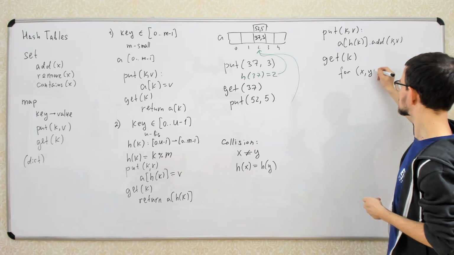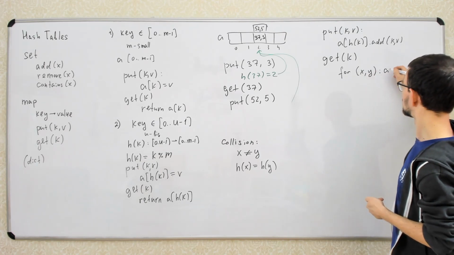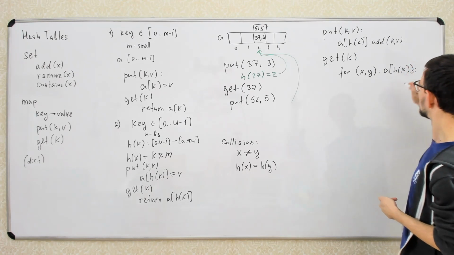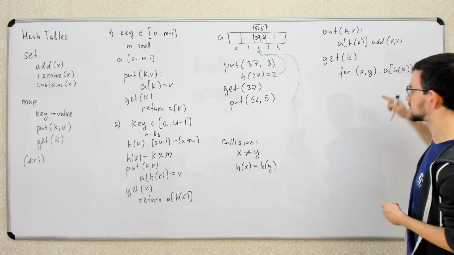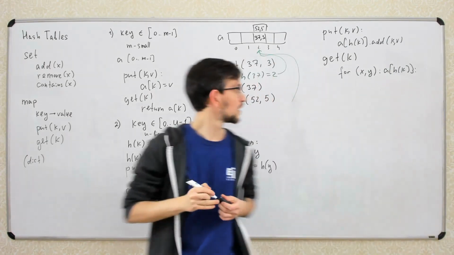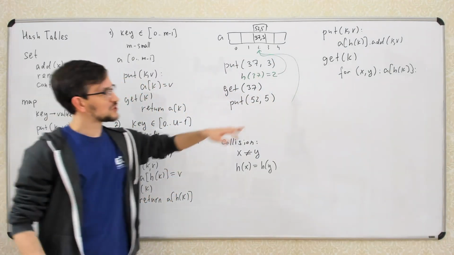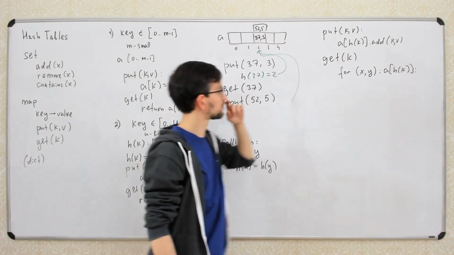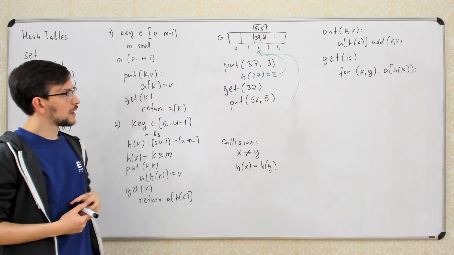I'm not sure what language this is, but I iterate over all pairs in this cell and take these pairs as x, y.